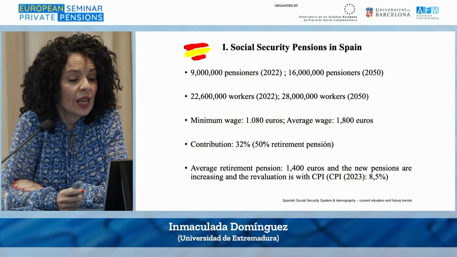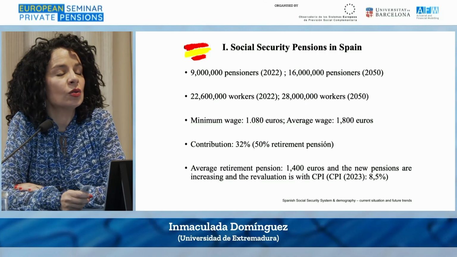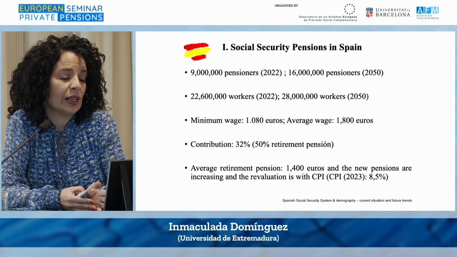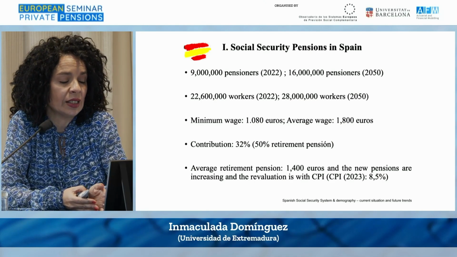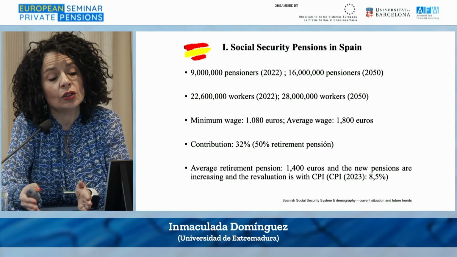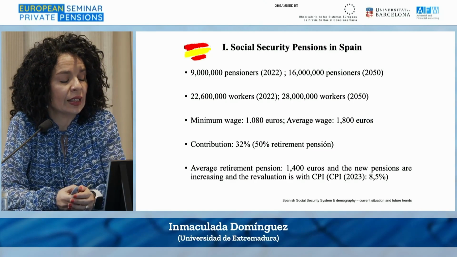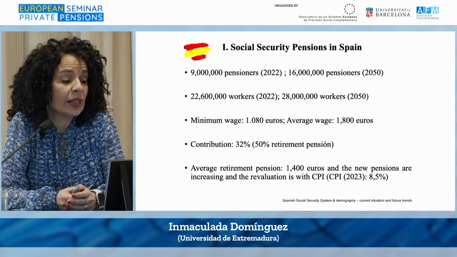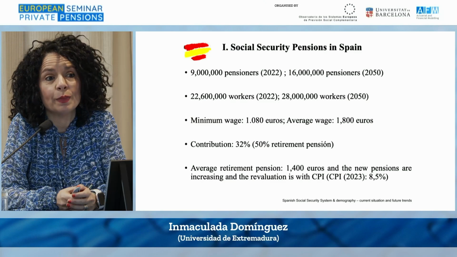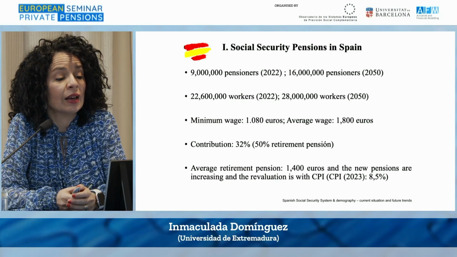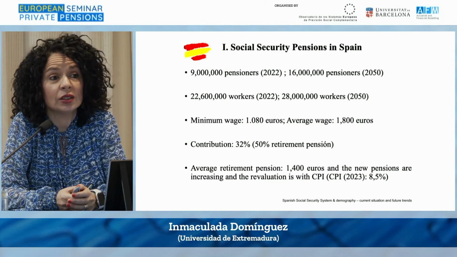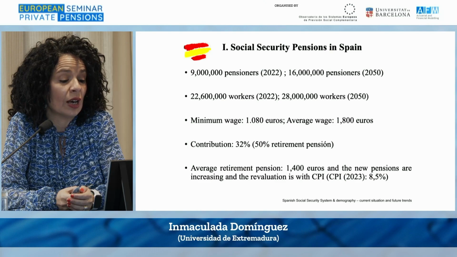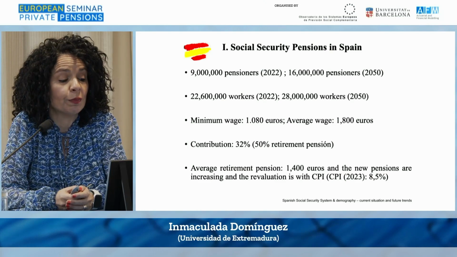In the current situation of the system, it's important to take into account the number of pensioners at this moment and the forecast of pensioners. We have this prediction of around 9 million pensioners, and this is very important for politicians, because at the end all these people surely vote, and the opinion of the pensioners matters a lot to them.